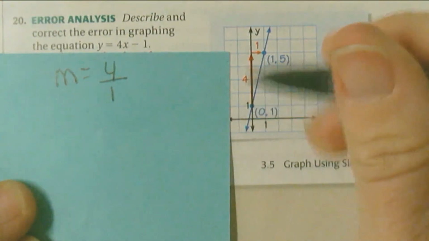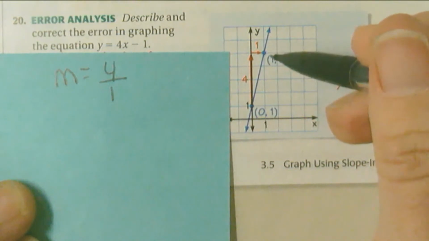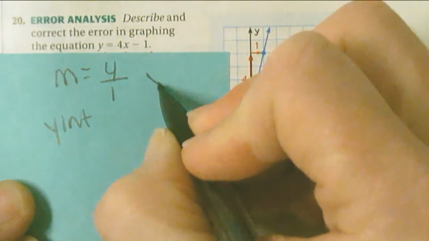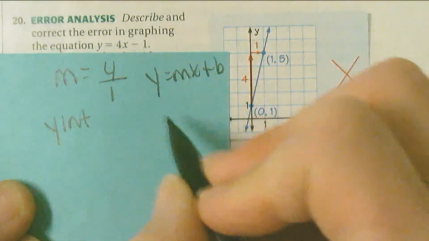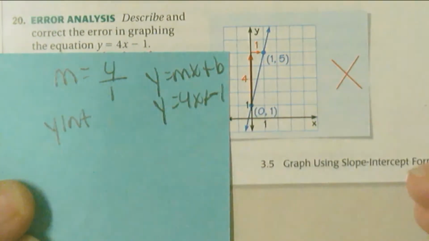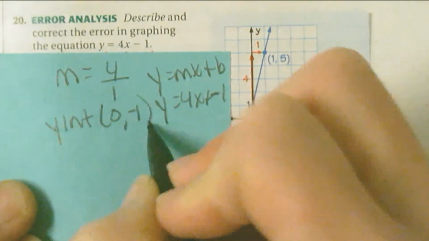As I look at this, I'm like, oh, okay, they did that right. They did a rise of 4 and a run of positive 1. But then for my y-intercept, remember, it's y equals mx plus b. So this technically is y equals 4x plus -1, so this would end up being (0, -1).